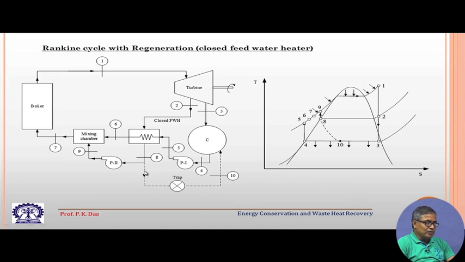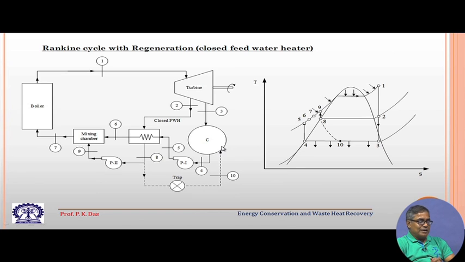So, this condensate will be at high pressure in the liquid condition and there could be a trap or valve arrangement with which it can be returned back to the condenser. So, the condensate is moving in the backward direction. Either the condensate can move in the forward direction and go to a mixing chamber, or it can move in the backward direction and go to the condenser.